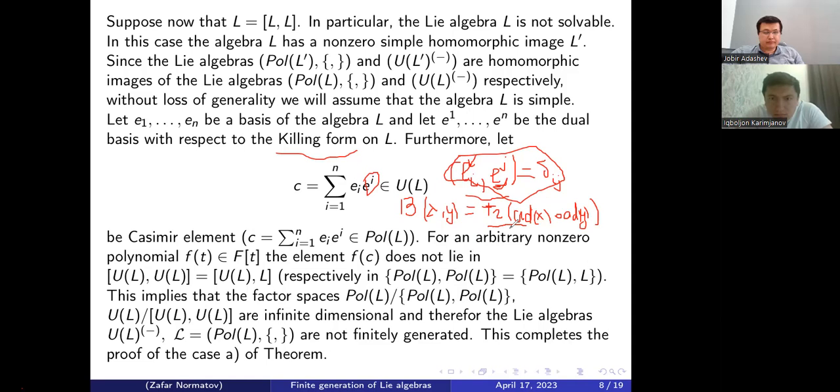Yeah, it is a basis of the same vector space, just another basis with this property, this relation. It is related by the Killing form with the old basis. Okay, I misunderstood the dual basis.